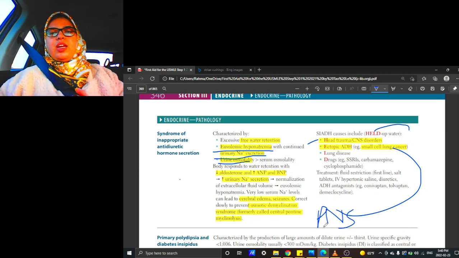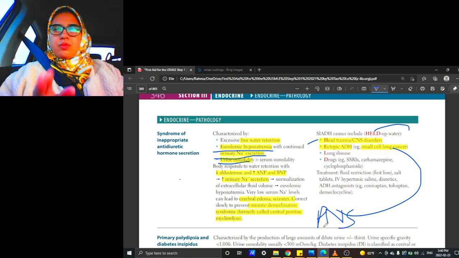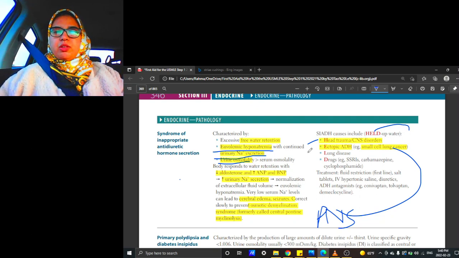With regards to ADH, some tumors are going to be secreting ADH, and that's namely small cell lung cancer. It's also going to secrete a whole bunch of things, antibodies, for example, against the postsynaptic calcium channels, so you're going to get Lambert-Eaton syndrome. So with paraneoplastic syndrome, you either have an immune issue or you have a hormone issue. One such hormone is going to be ectopic ADH, and that can be a cause of SIADH.